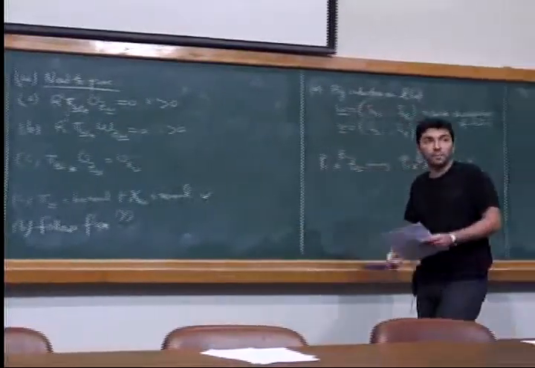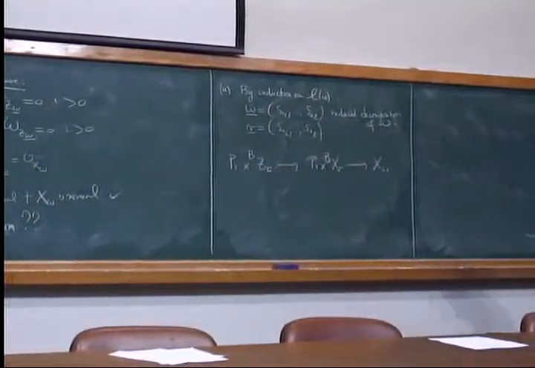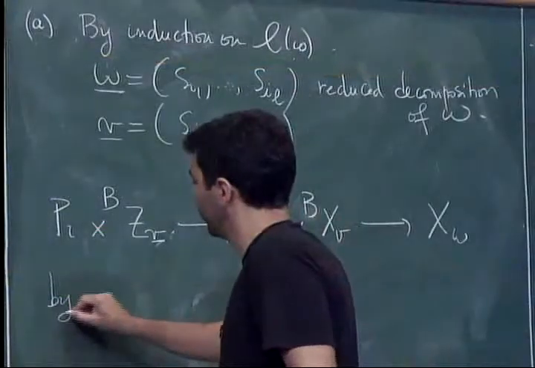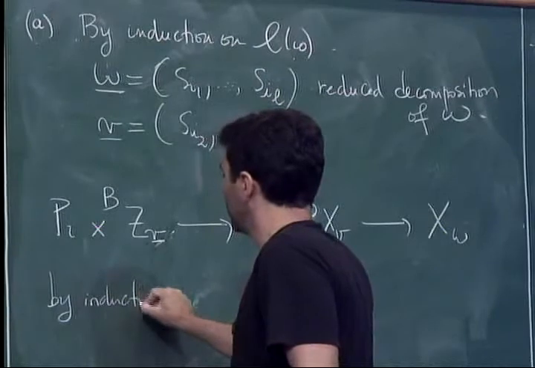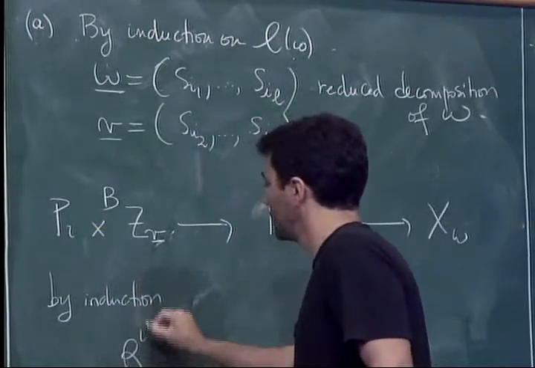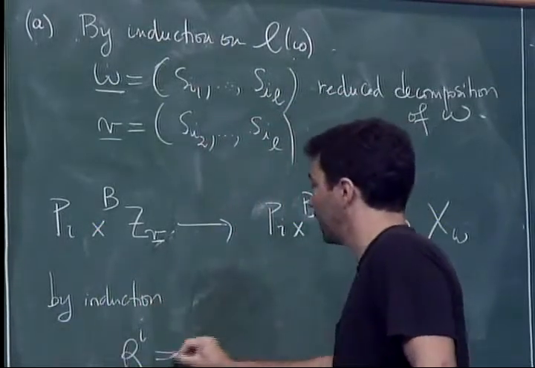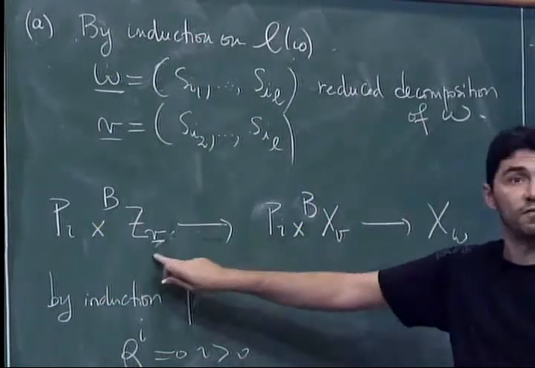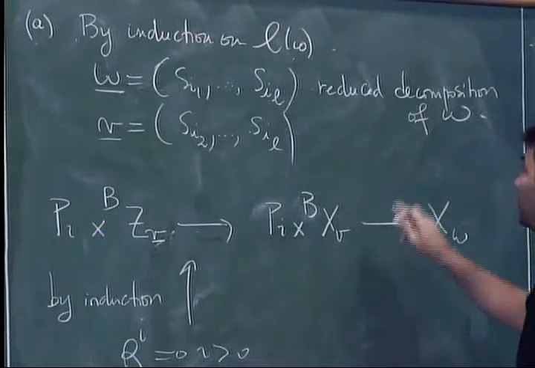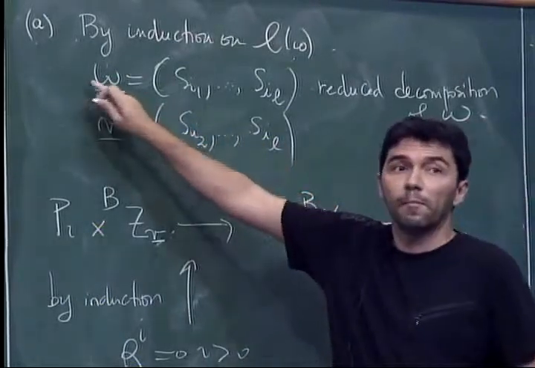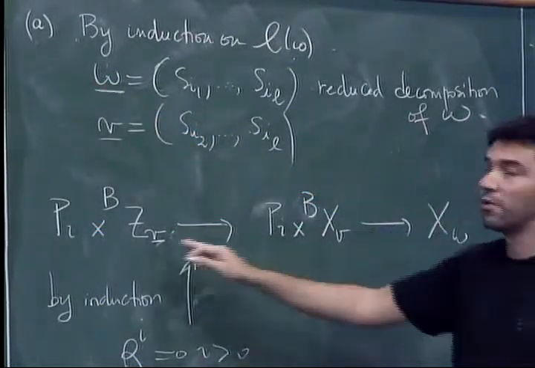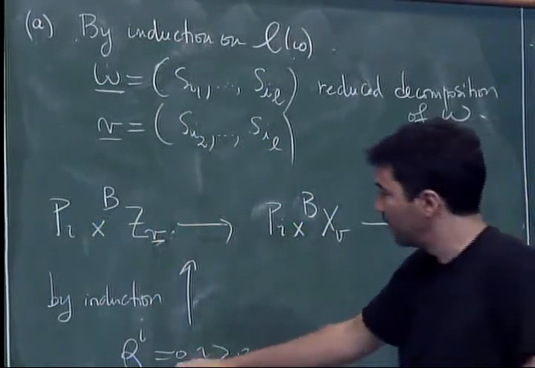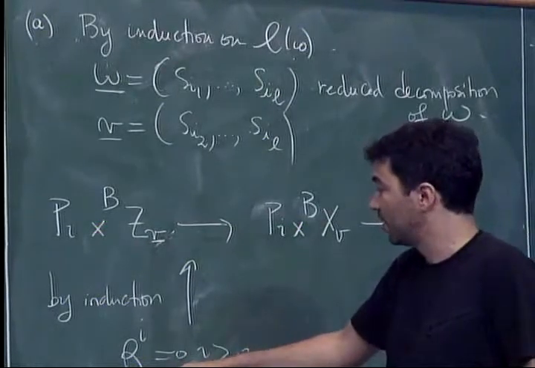This is exactly the same. So by induction, the corresponding R^i are 0 for this map, since the length of v is less than the length of omega, and here this is essentially the product with the resolution of singularities. So you can check easily that it follows from the induction that this is 0.